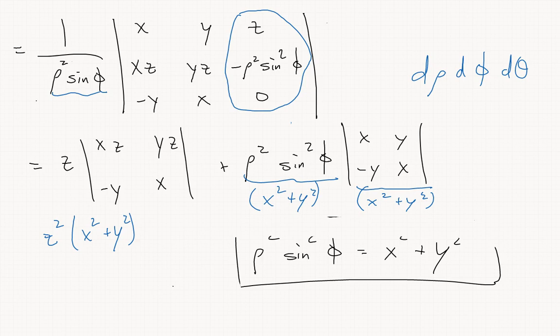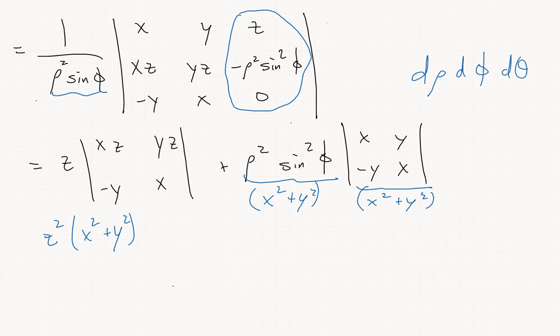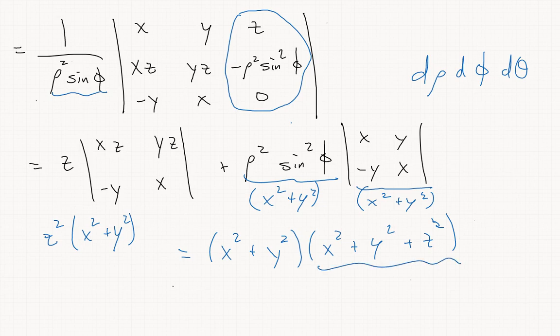So this becomes x squared plus y squared times x squared plus y squared plus z squared. But then this is rho squared.